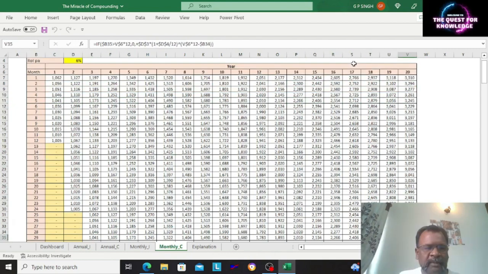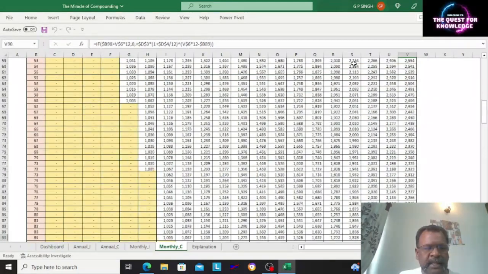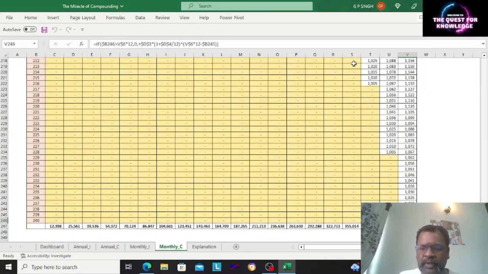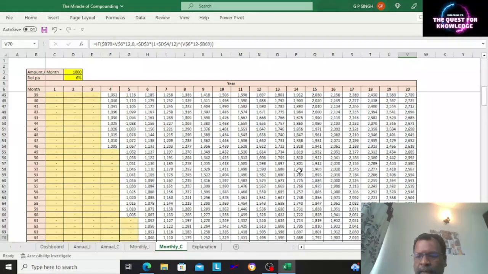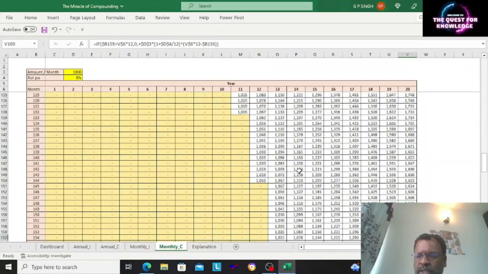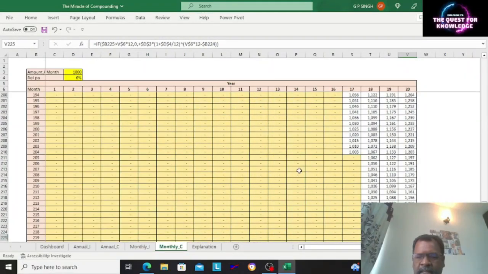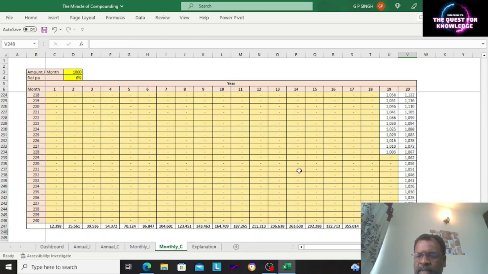So we tabulated the entire calculation for 240 months, the money invested every month and how it is growing. Of course, you will see the lowest increase towards the end of the investment period, because though the interest rate is the same, the money remains invested for a shorter period. Okay, so this is how the money is converting.